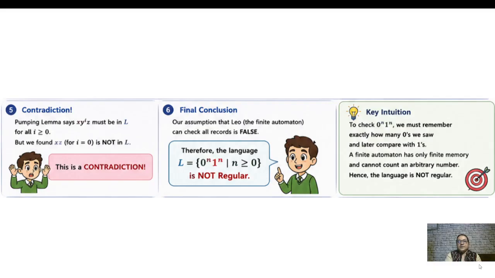The first p symbols are always 0, so y must consist entirely of zeros. This single insight is the heart of the proof. Once you understand that the first block of zeros contradicts the count of p, the proof follows.